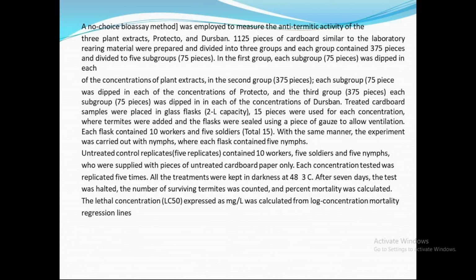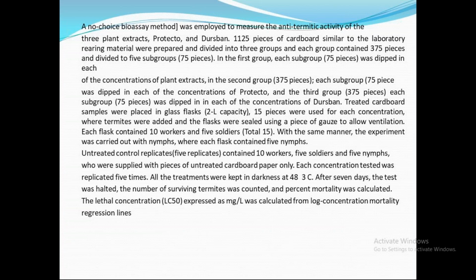We measured the anti-termite activity of the 3 plant extracts, Protecto and Dorsban. Similar to the laboratory rearing, the materials were prepared and divided into 3 groups, and each group contained 375 pieces divided into 5 subgroups of 75 pieces.